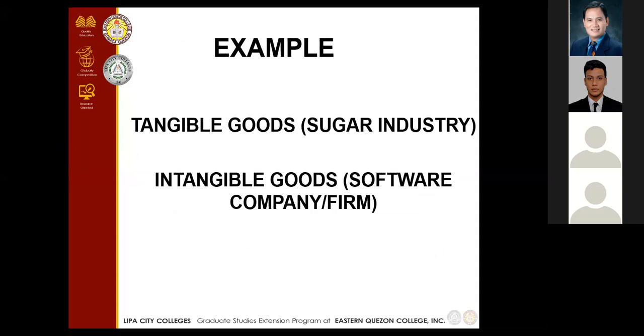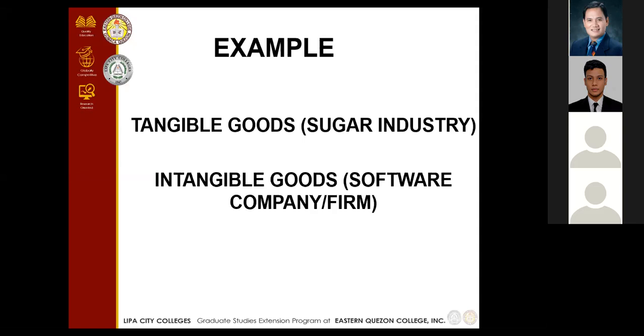Ano naman yung example? So, example for tangible goods, sa sugar industry, di ba? Consider the sugar industry.